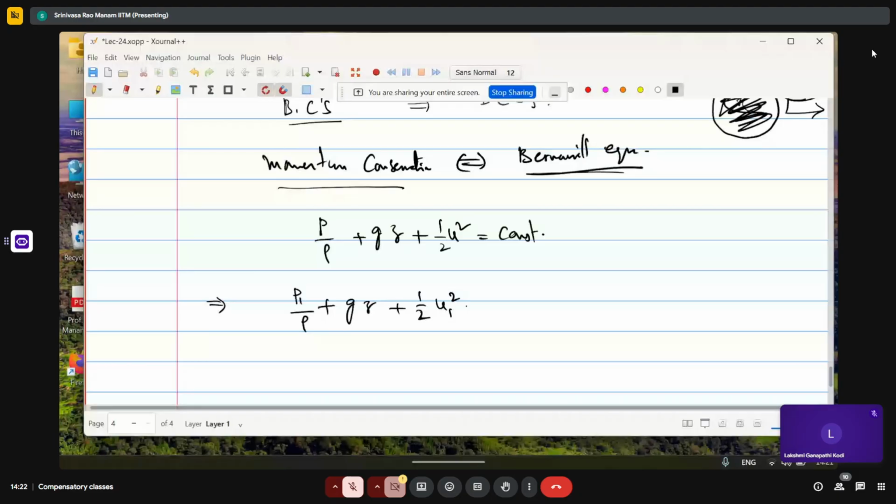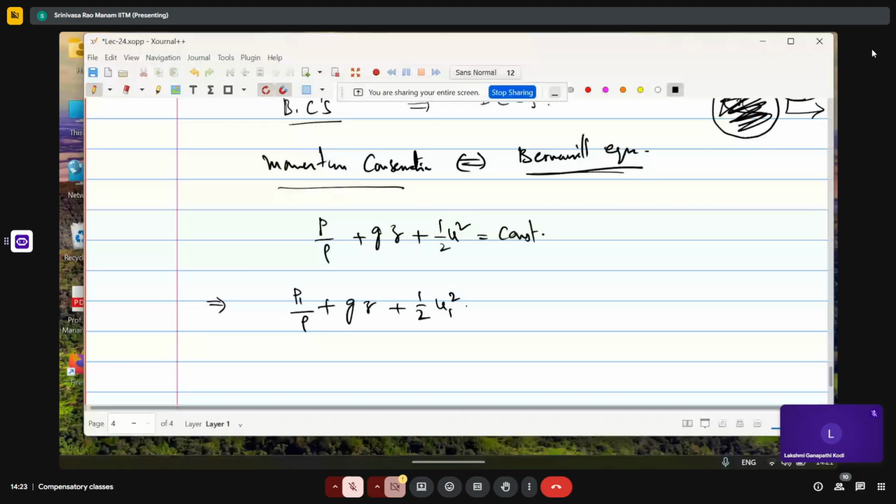So in this case, what is your U1 on the surface? U is velocity, and it is a vector here, so these are all vectors.